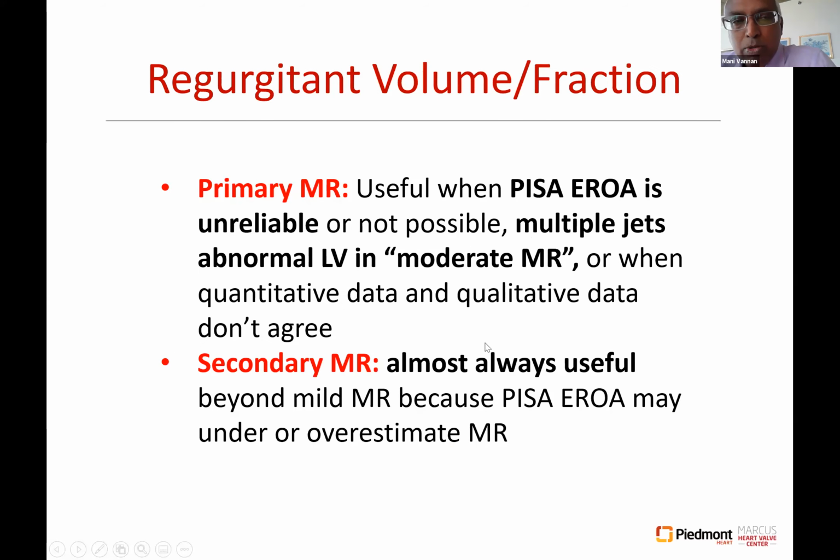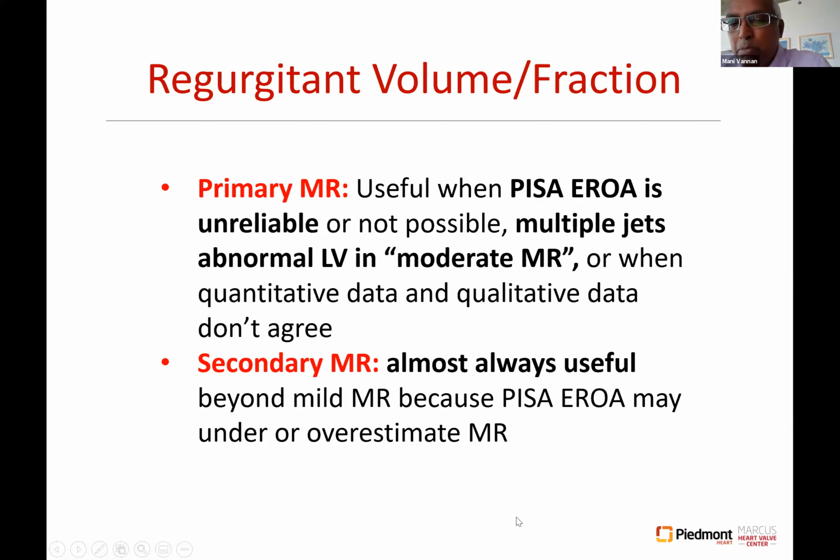So when should we look at regurgitant volume and fraction? It is very useful in primary MR when PISA EROA is unreliable, when there are multiple jets, and especially when you have an abnormal LV size or function out of proportion to what the integrated approach by echo says is moderate MR. There, getting a regurgitant volume fraction is key.